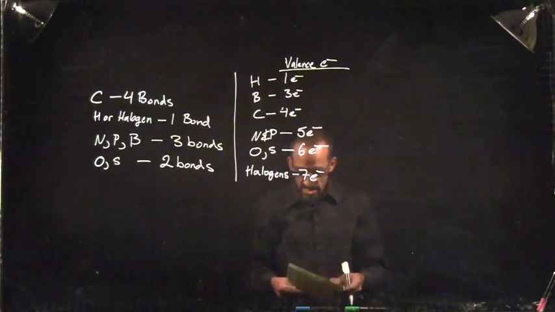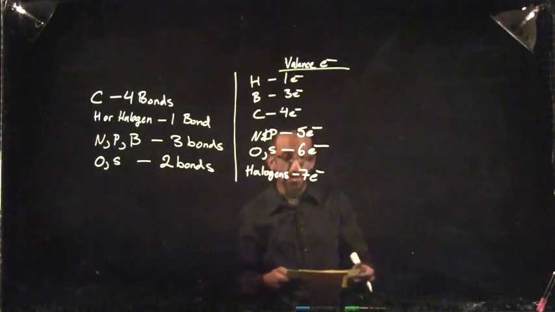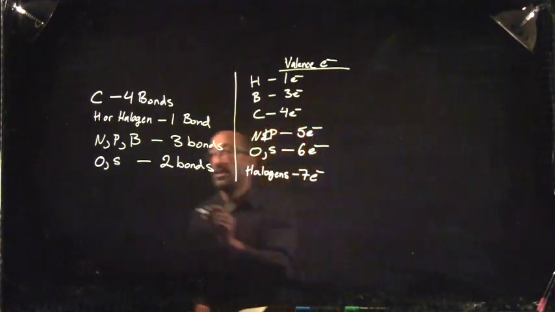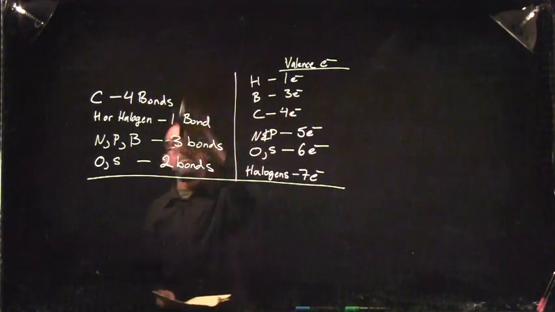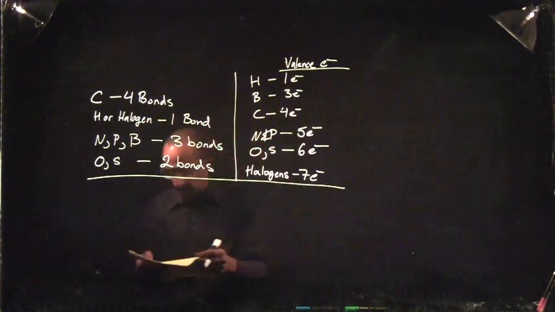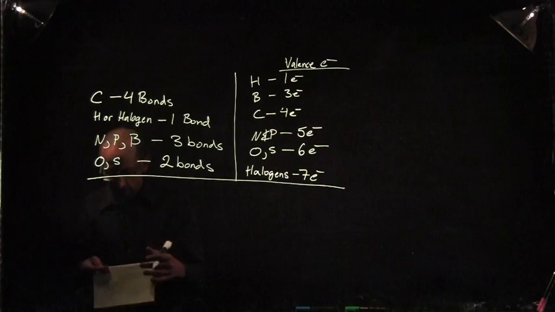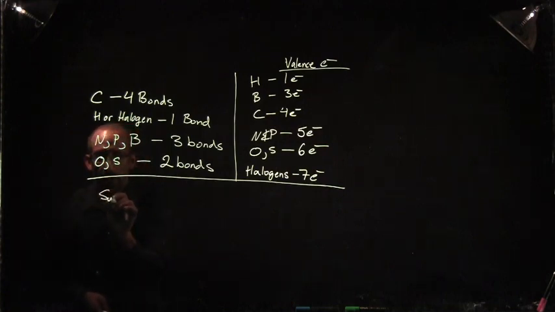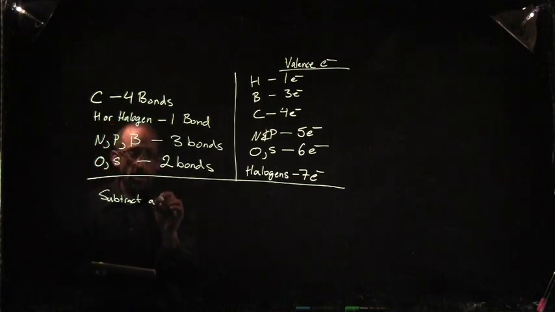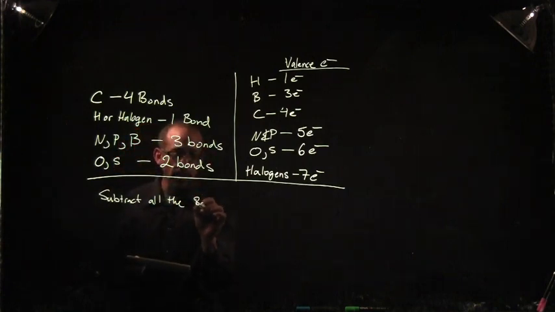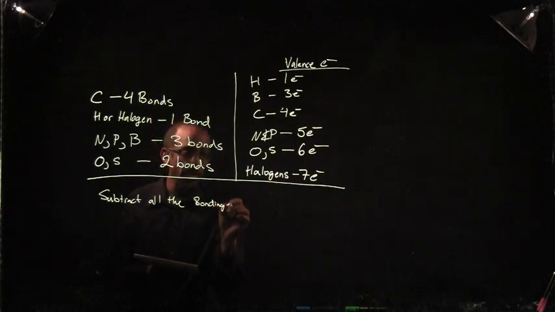Okay, so we're going to keep all of these things in mind when we convert a structural formula to a Lewis structure. So let us go ahead and take a look at the last couple of rules that we're going to need to keep in mind. Right, so we're going to keep our standard bonding rules, our number of valence electrons. We're going to keep in mind that when making a Lewis dot structure, we're always going to subtract our bonding electrons, right?